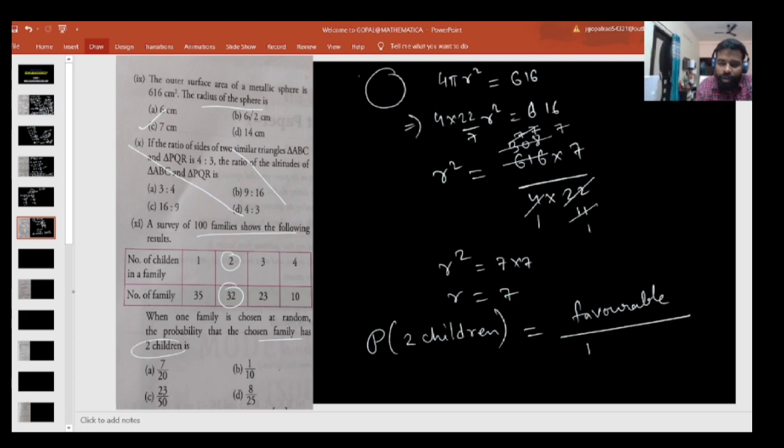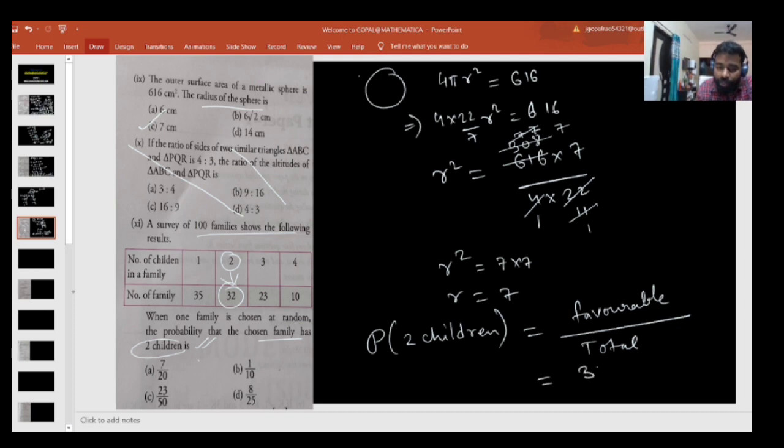Favorable for us is this part, because the rest all contain either 1, 3 or 4 children in the family, but this is our favorable because here it is only 2 children. The question is asking that only.